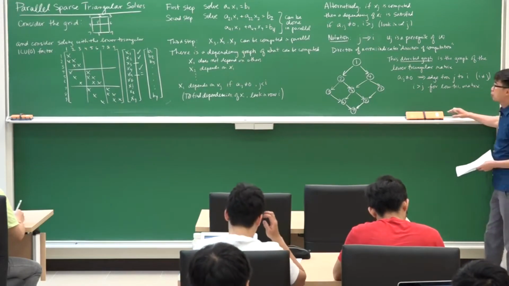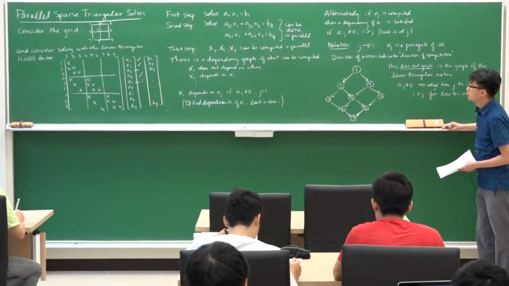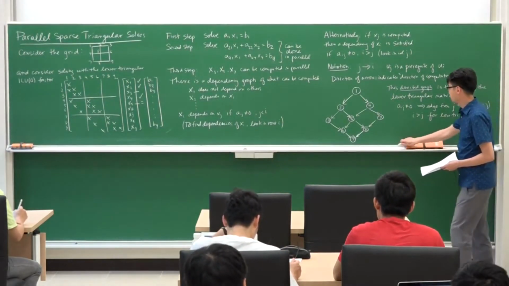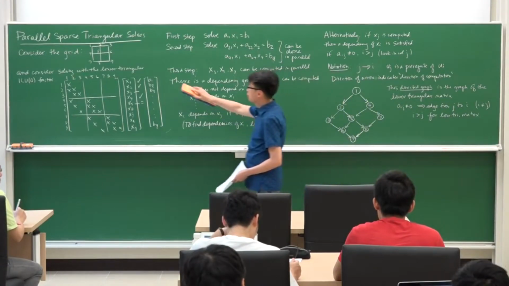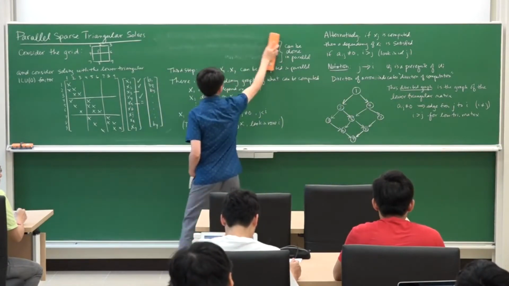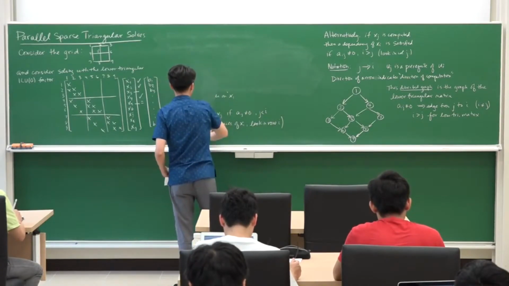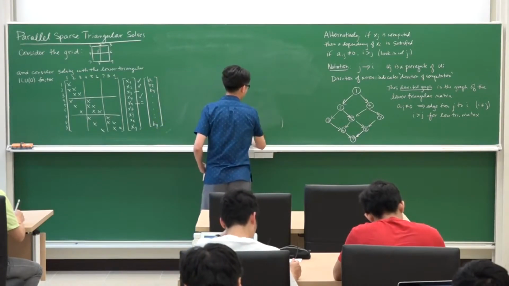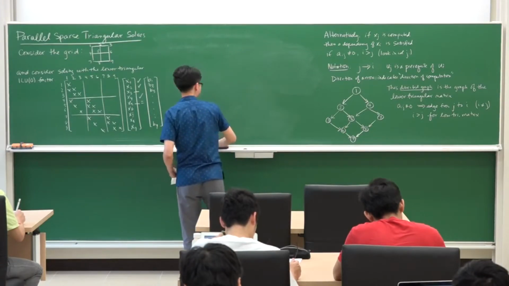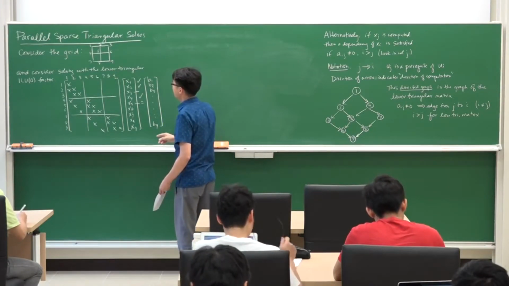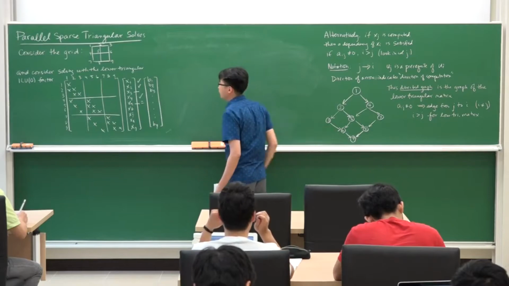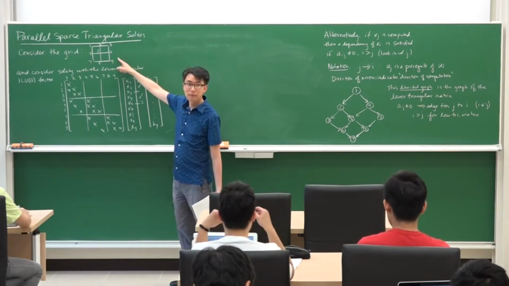So let's go back to this grid. And I'm going to draw it a little bit bigger. So this grid over here, this 3 by 3 grid that the problem came from, you can see that the graph in this case, because we have a matrix that comes from no-fill factorization, looks a lot like the grid.